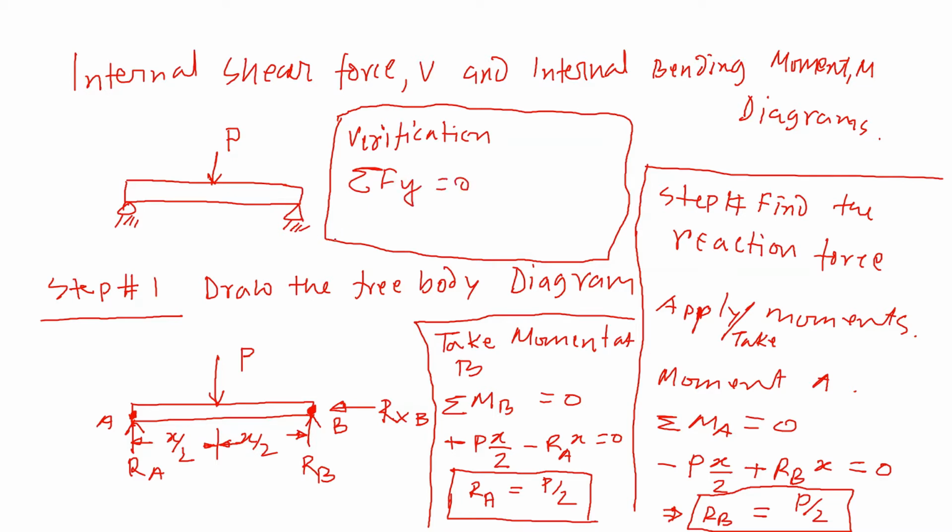So all the forces, so RA, which is P by 2, is a positive force going upward, minus P, which is negative downwards, plus RB, which is P by 2, is equal to 0. So you can see P by 2 plus P by 2, and then minus P is basically 0. So we did this calculation correctly. So this is step number 2, find the reaction forces.